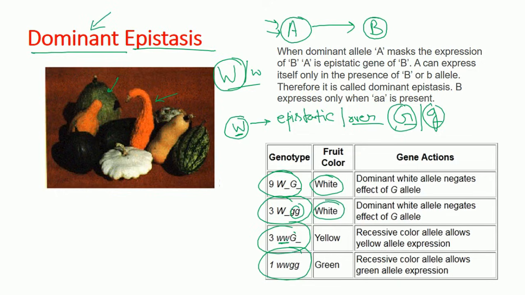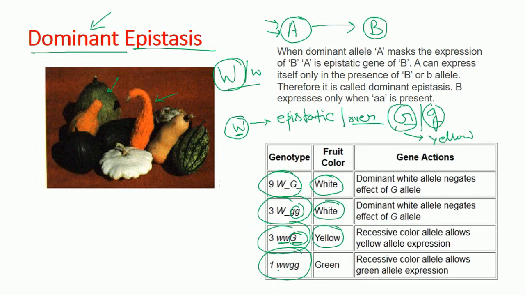So in the recessive form, small w, it will not behave like epistatic gene. So among capital G and small g, any one of that can express. Now as capital G is present, it is dominant over small g, and capital G goes for yellow. So capital G is going to express itself, so the fruit color will be yellow.